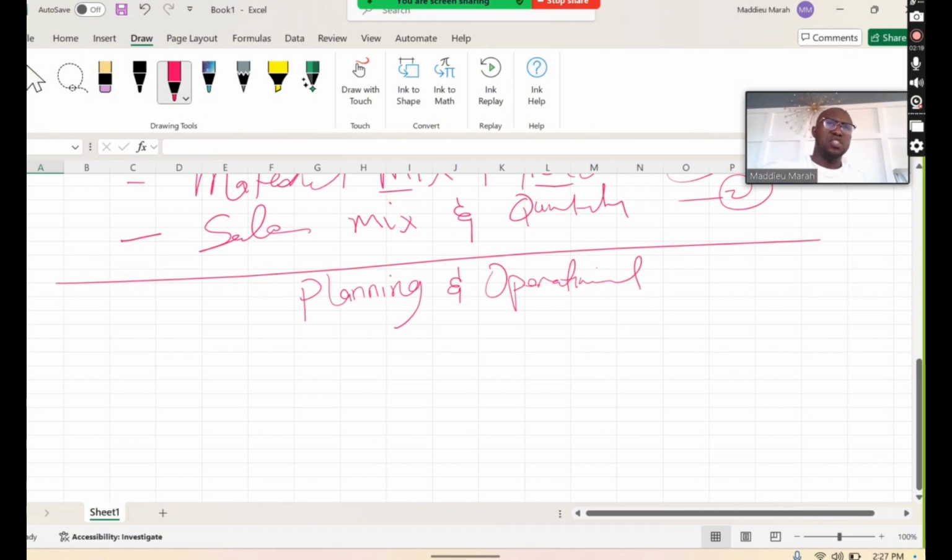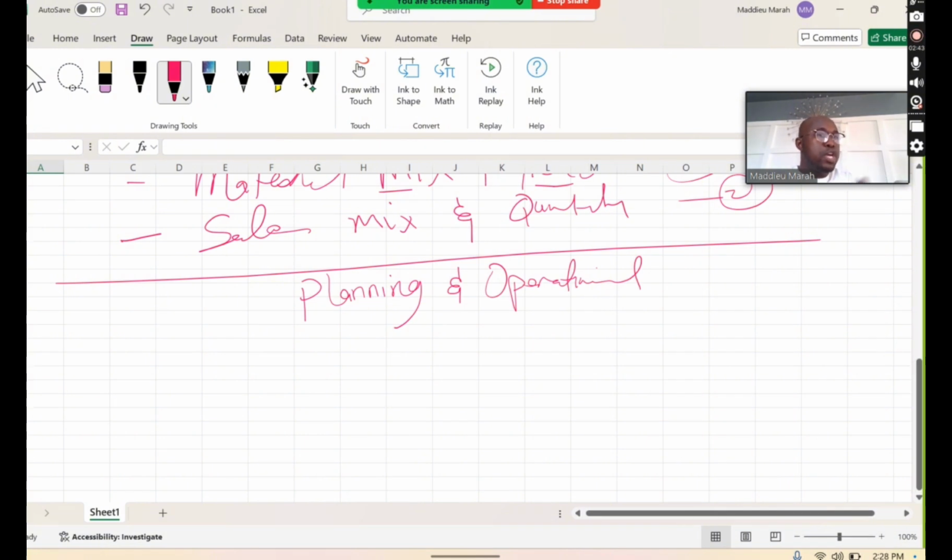Before I explain this topic, why do we calculate variance? What is variance? Variance is the difference between standard and actual. That's variance. So why do we need to calculate variance? What's the essence?